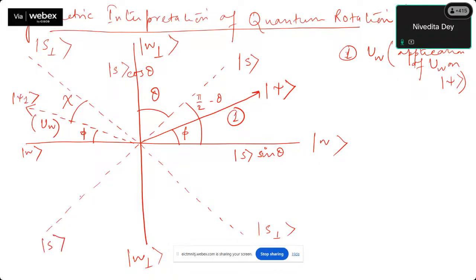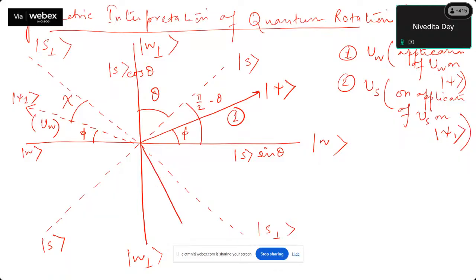And now say an application of US, that is the second operator, on psi 1. You are somewhere here. So this is, say, my psi 2. And this one you have got on application of the second one. So this is on US reflection operator.